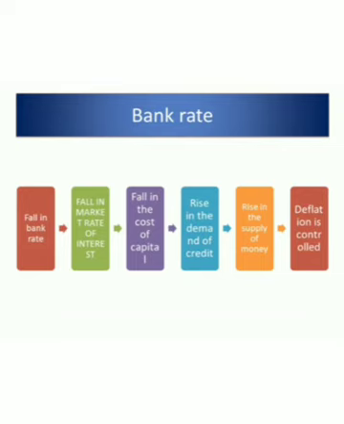When the central bank decreases the bank rate, commercial banks will also decrease their market rate of interest. Then loans become easy, and people will demand more loans or credit, which will increase the money supply in the market, and due to this increase, deflation can be controlled.